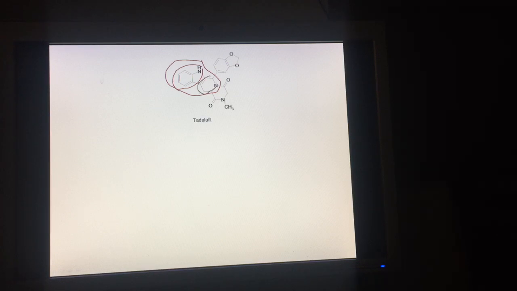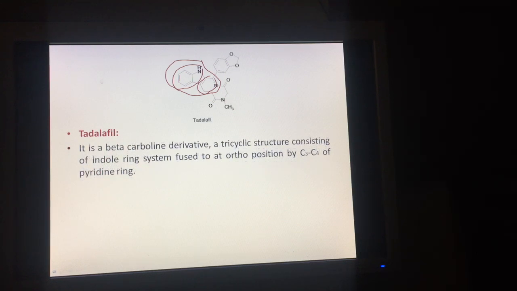The fusion of the rings happens at the ortho position of the indole ring system, via the C3 and C4 of the pyridine ring system. So tadalafil is a beta-carboline.